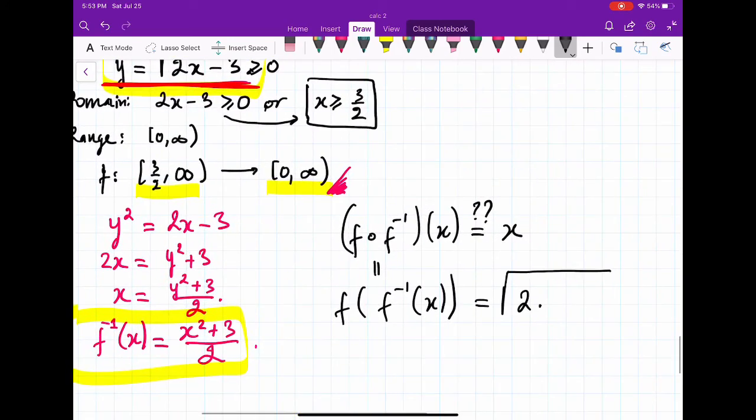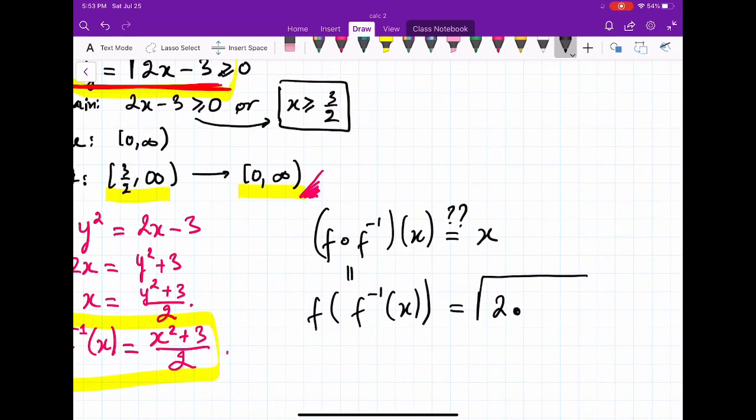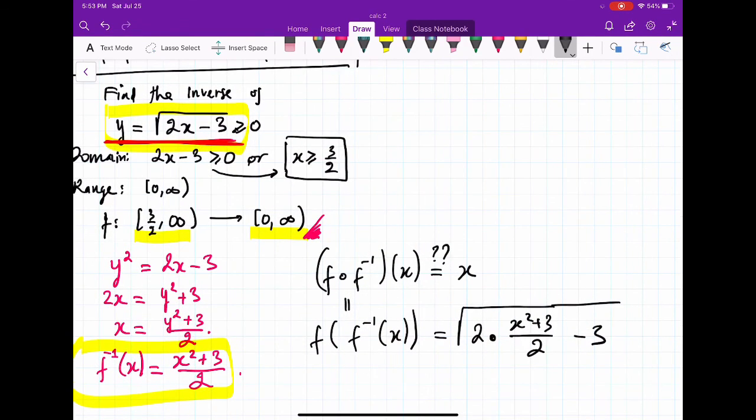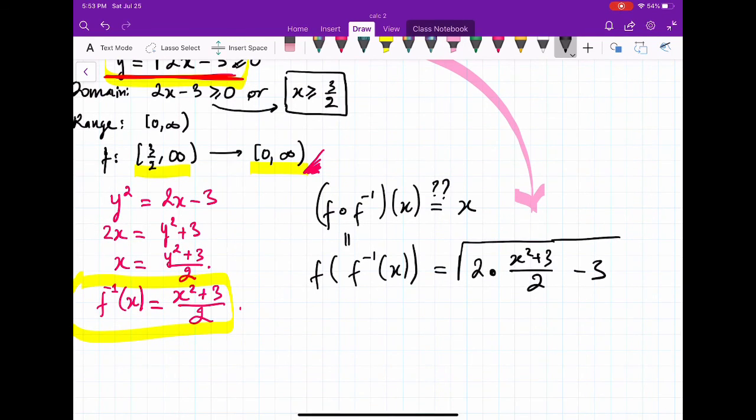The inverse is x squared plus 3 over 2, and then minus 3. I simplify the 2 here, and I get the square root of x squared plus 3 minus 3, which is the square root of x squared.